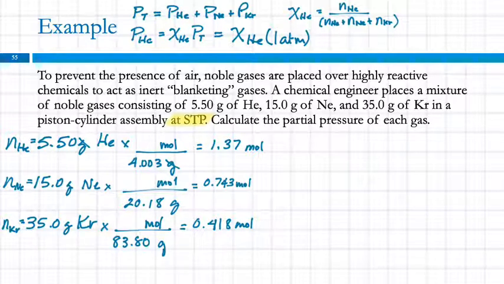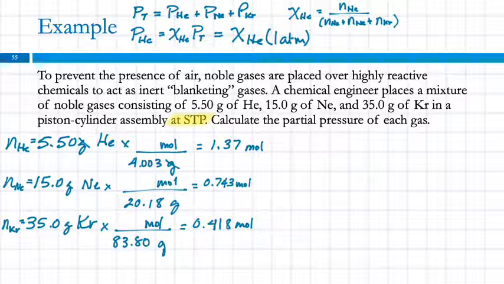So, those individual steps aren't hard, but there's so many things we have to do here. It's easy to get lost, right, and forget what we're doing next. We're trying to find the mole fraction of helium, and then we're going to need the mole fraction of the other gases as well. So we've got moles of helium. I need the total number of moles.